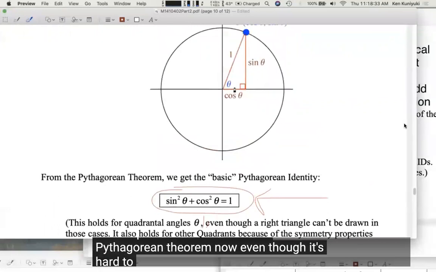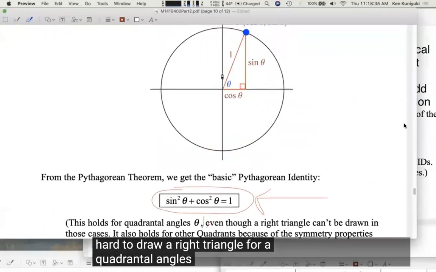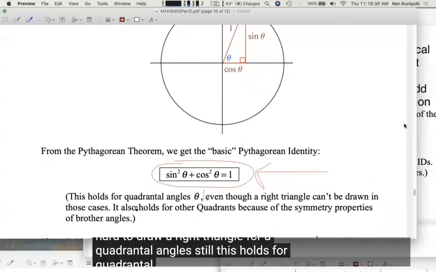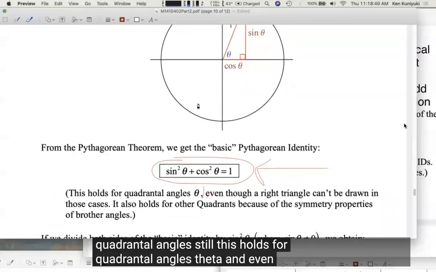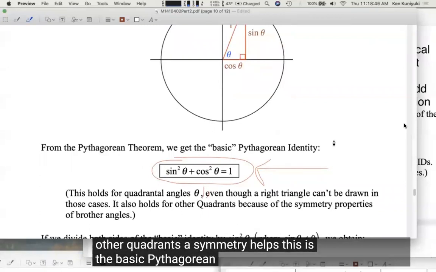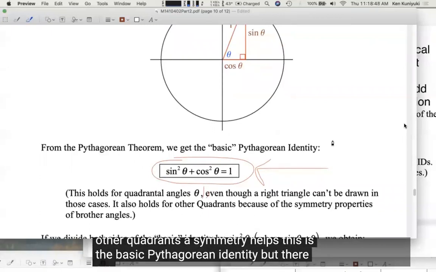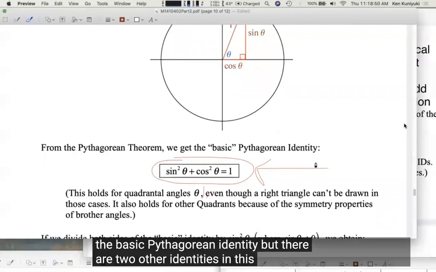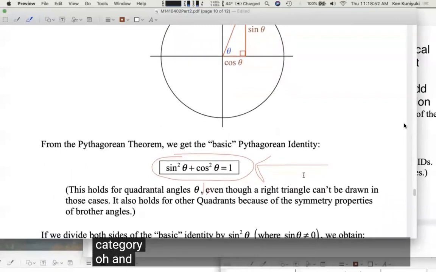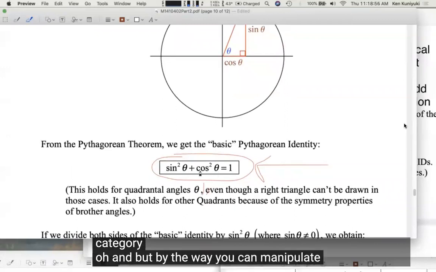Now, even though it's hard to draw a right triangle for quadrantal angles, still, this holds for quadrantal angles theta, and even for other quadrants. Symmetry helps. This is the basic Pythagorean identity. But there are two other identities in this category. Oh, but by the way, you can manipulate this as well.